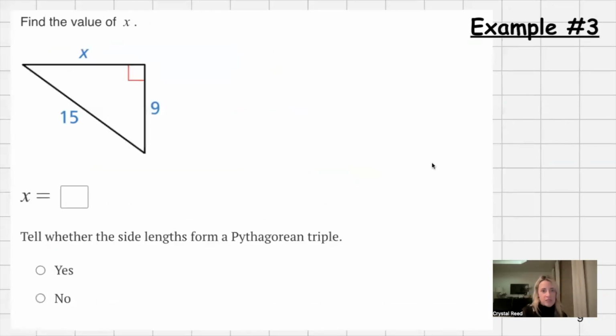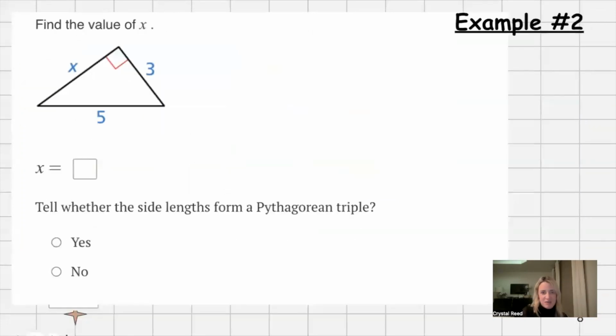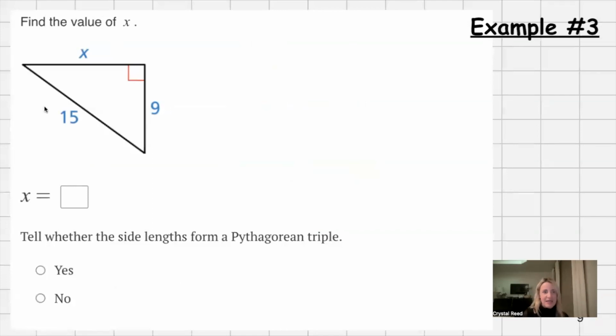All right, let's try this one. Is it a Pythagorean triple? Let's look. Is there one that's 9 and 15? Let's just look at the list. Ends with 15. No, there wasn't. 9, 12, 15. Yes, there certainly is. That's a Pythagorean triple right there. So 9, 12, 15. Go ahead and do Pythagorean theorem if you want to double check our work, but that should be x is 12.